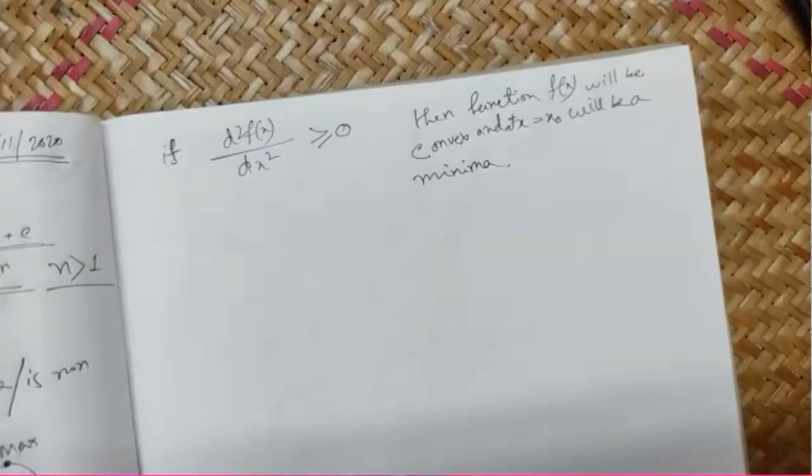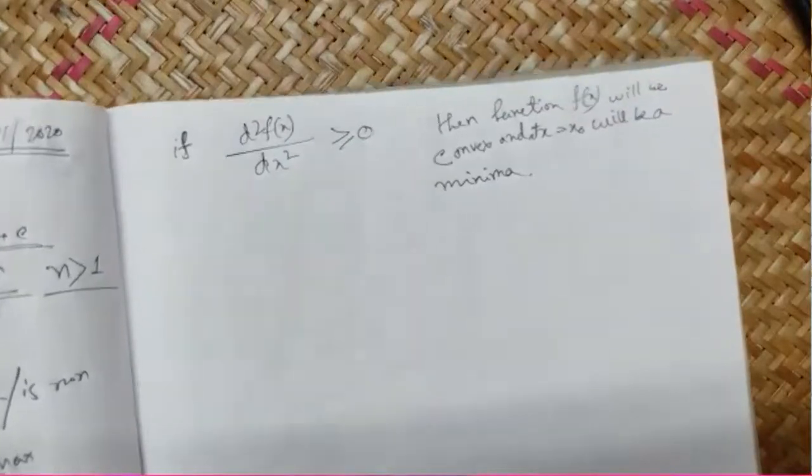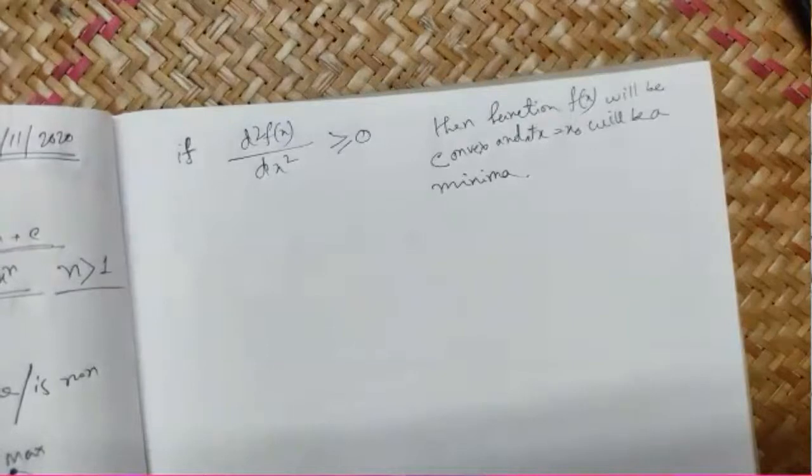If there is a single variable, only f(x) depends on x, so in that case it will be a single variable problem where the objective function is f(x), and the necessary condition is df(x)/dx should be equal to 0, and the sufficient conditions are: if d2f(x)/dx2 is less than or equal to 0, then it will be concave, or the function will have a maximum value at x equal to x0.